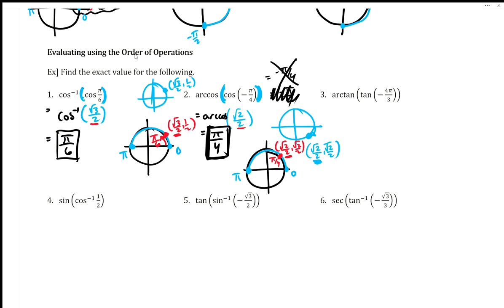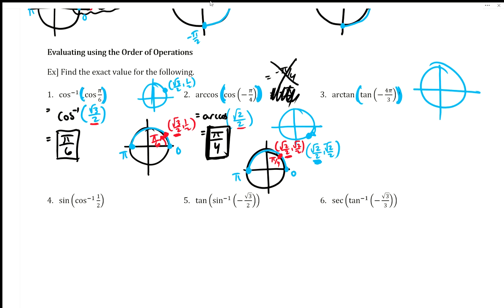Number 3, we have arctan of tangent of negative 4 pi over 3. Still order of operations, so let's sketch that out on our unit circle. Negative 4 pi over 3, you can convert it to positive 2 pi over 3 if you want. You could use coterminal angles, whatever you need to do.